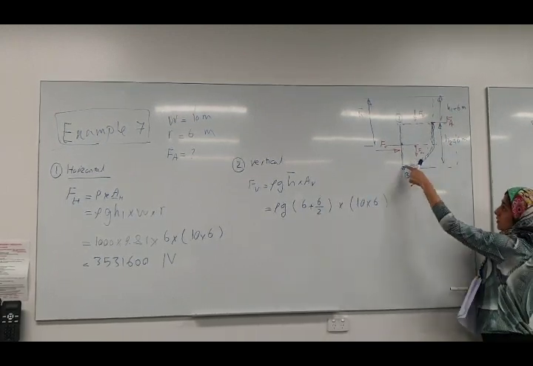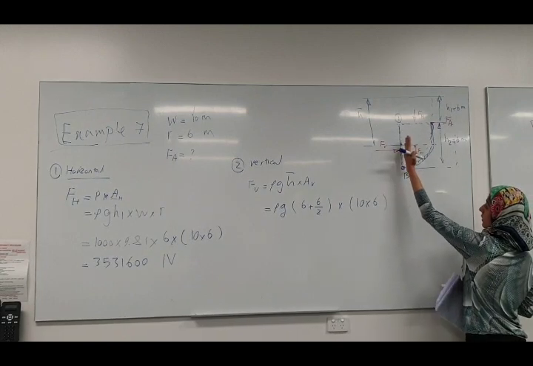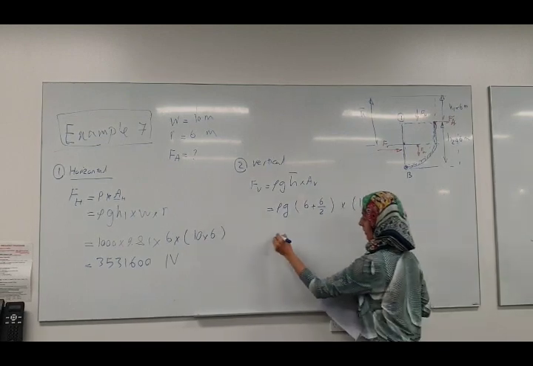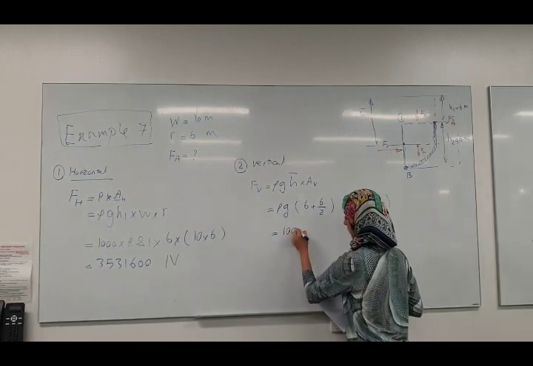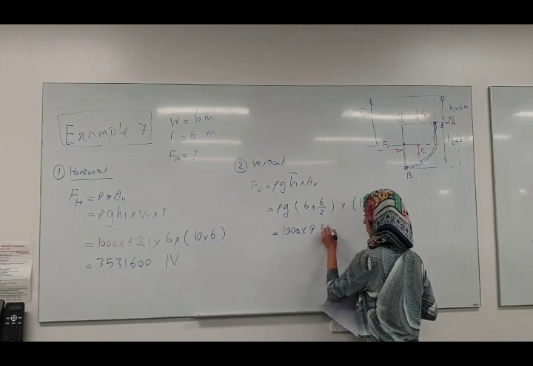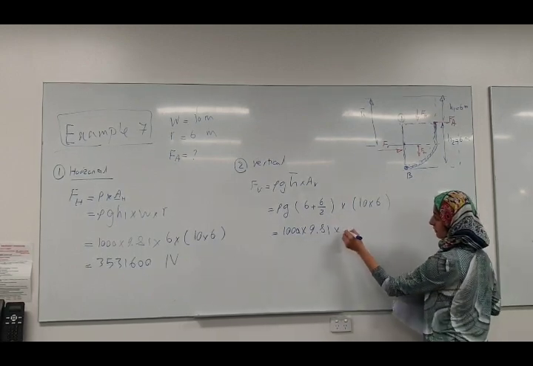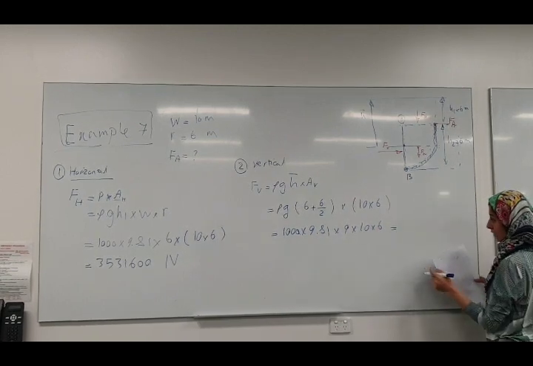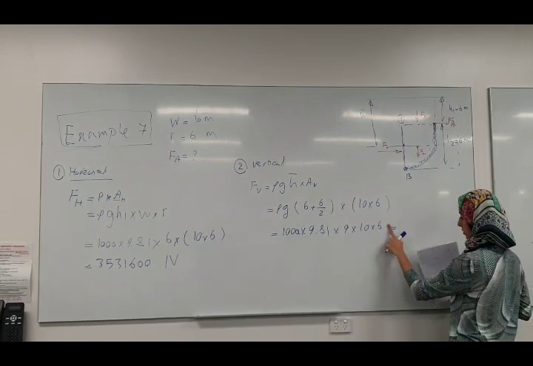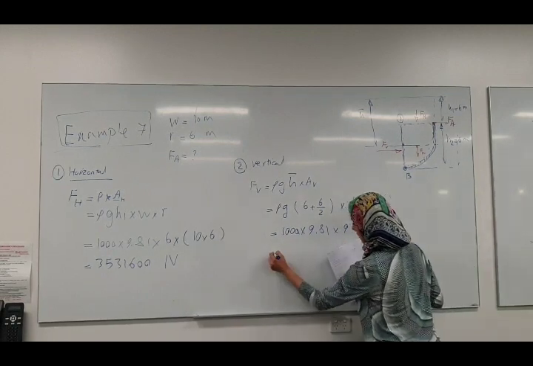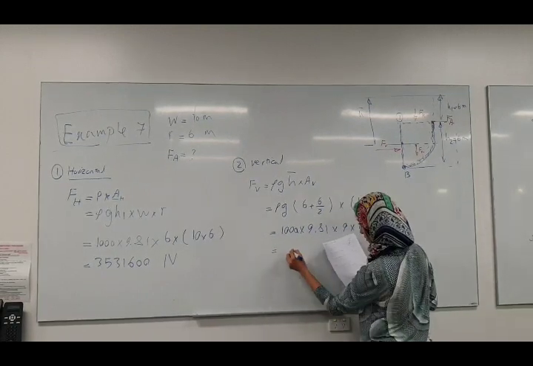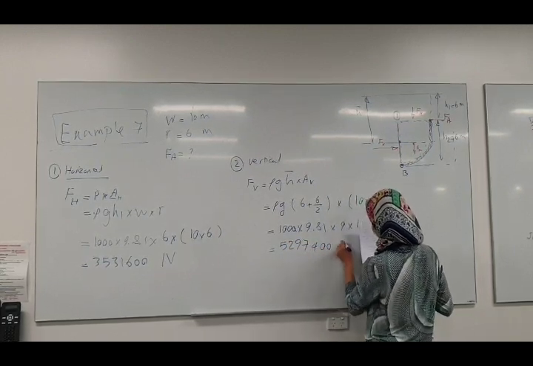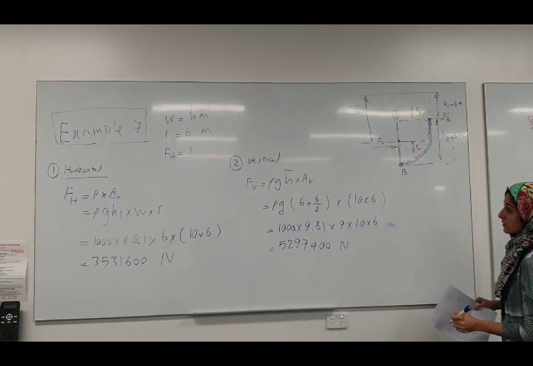Because it's a quarter of the cylinder, the projected area in the vertical plane or in the horizontal plane are exactly the same. If you just replace the value of the density and gravity, we can find the vertical force, which is about 5,297,400 newtons. That's the second one.